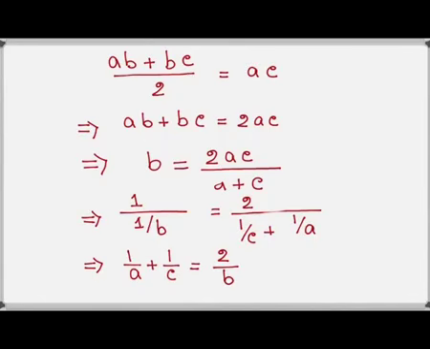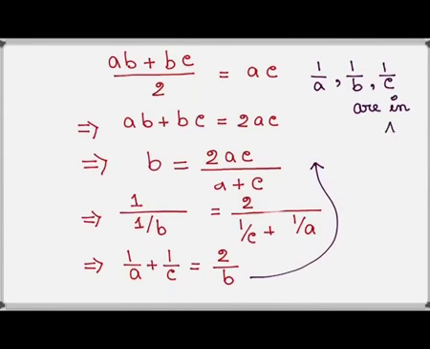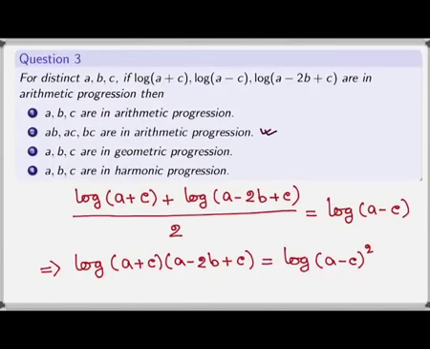So from here we can conclude that 1 by a, 1 by b and 1 by c are in arithmetic progression. That means a, b and c are in harmonic progression. So therefore the fourth option is also correct. This solves our third question.